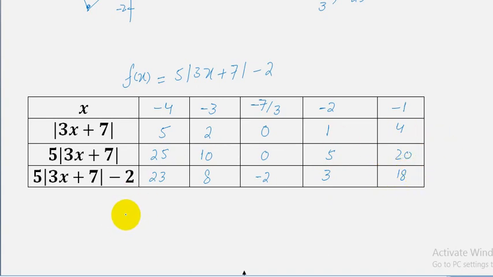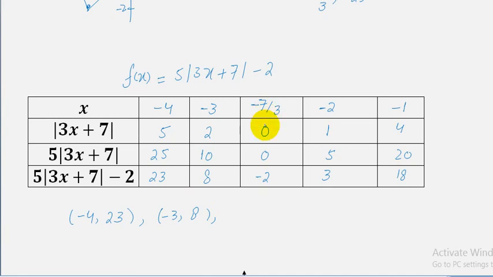Now the points on the graph are: for x equal to minus 4, f of x is 23. For x equal to minus 3, f of x is 8.